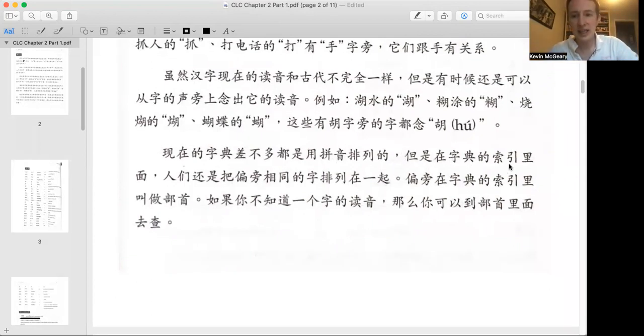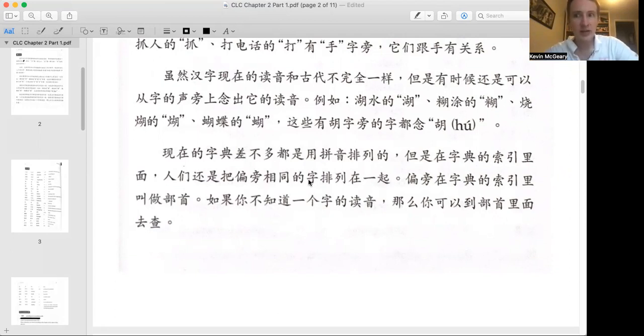但是在字典的索引里面, but in a dictionary's, what's the word? Index section, 人们还是把偏旁相同的字排列在一起. People use radicals, the components, to look up a character. 偏旁在字典的索引里面叫做部首.